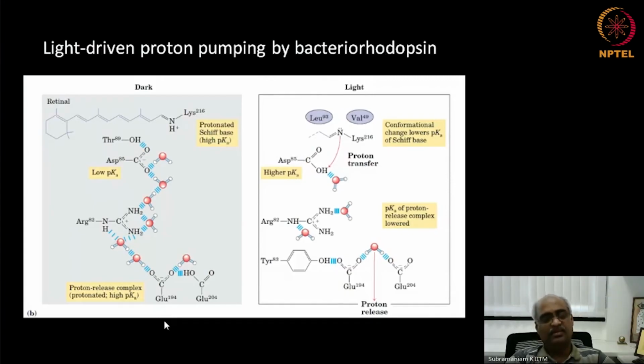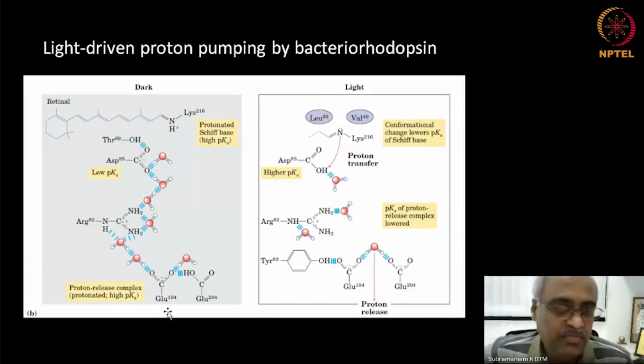Okay, I'm sorry, through the extracellular side, in the periplasmic phase. So that is where it ends up pumping. So between the cell wall and the cell membrane, you create a higher concentration of proton compared to the cytoplasm. And when it returns via the ATP synthase, that leads to energy synthesis, ATP synthesis. So the main point here is the conformation change affects the pKa of this group as well as this.